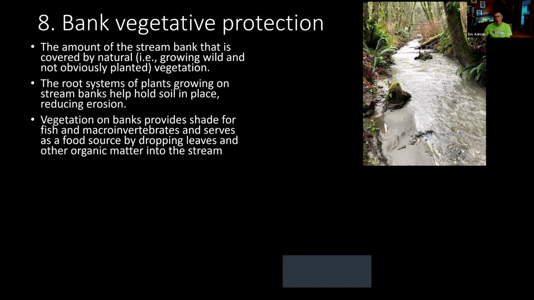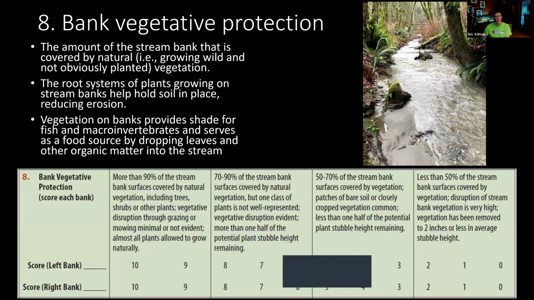Also, vegetation provides more habitat, like overhanging vegetation, provides shade, and contributes to the food chain by dropping leaves and other things into the stream. Ideally, we want to see most of the stream bank covered by natural vegetation, but we'll just have to figure out where it fits in this, and then we'll record that score.